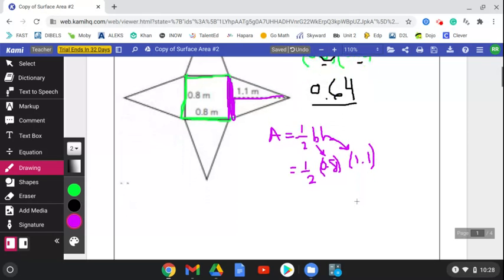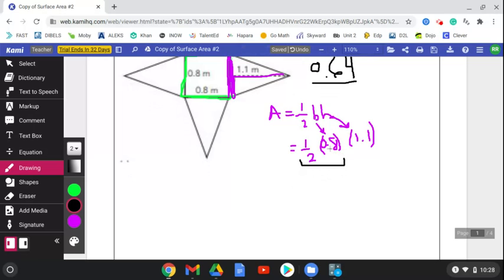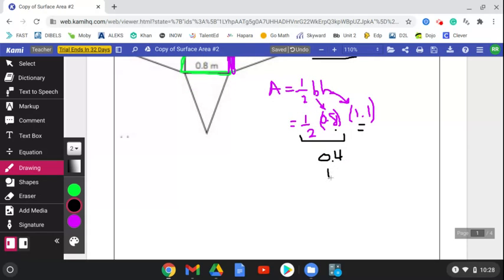Okay, now what is 1/2 of 0.8? Well, what's half of 8? Well, half of 8 is 4, right? So half of 0.8 is 0.4. You still got to multiply by 1.1. And so if we do 0.4 times 1.1, I'll get 1 times 4 is 4. 1 times 0 is 0. Add placeholder 0. 1 times 4 is 4.